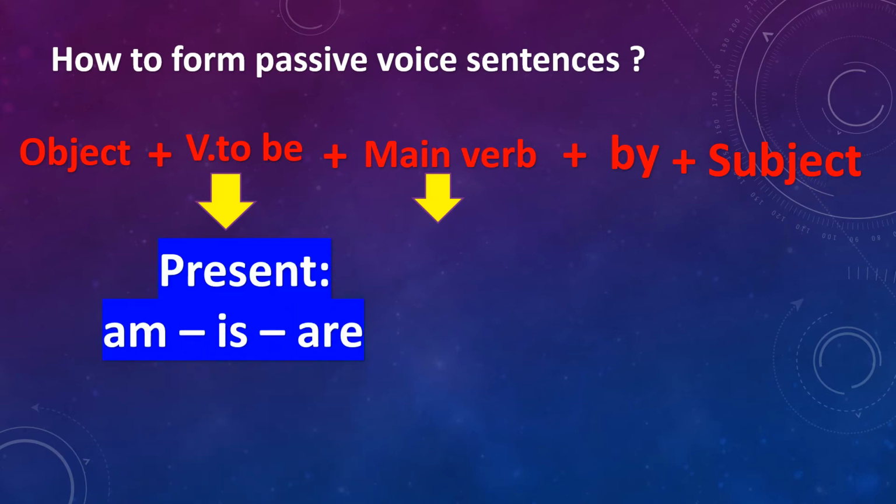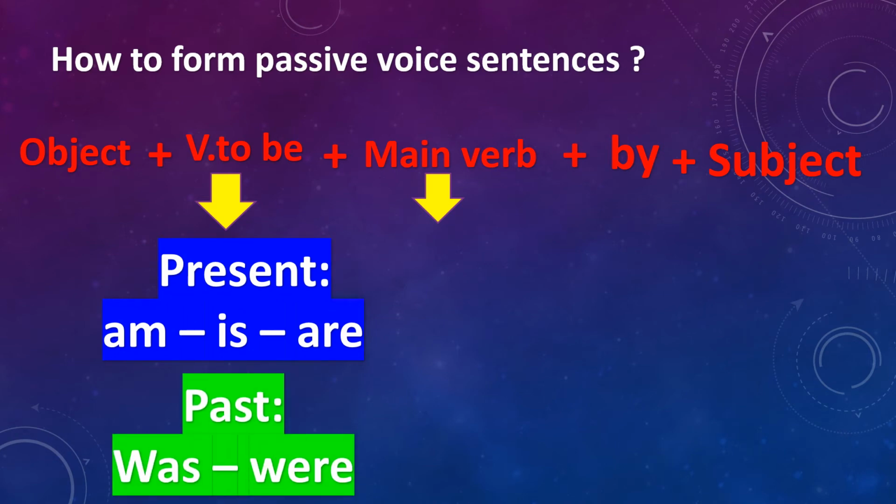But beware that concerning verb to be, we have the present form and the past form. The present form of verb to be is am, is, are. If the object is singular, you are gonna say is. If it's plural, you are gonna say are. And for the past, if the object is singular, you are gonna say was, and if it's plural, you are gonna say were.